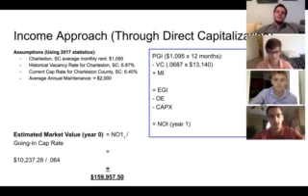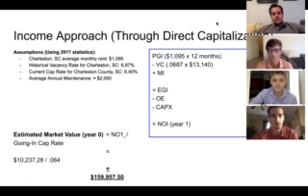We then subtracted the vacancy rate and the collection costs, which we found to be $902. We assumed there would be no miscellaneous income, which led us to an effective gross income of $12,237. After subtracting the operating expenses and the capital expenditures, we ended up getting a net operating income for year 1 of $10,237.28.